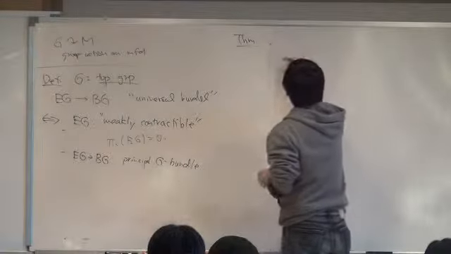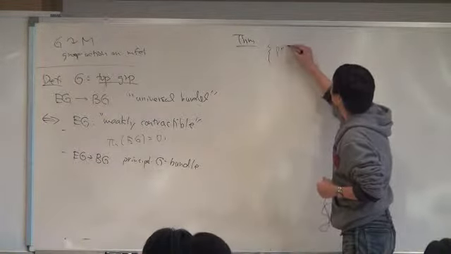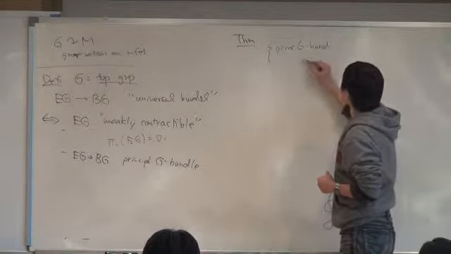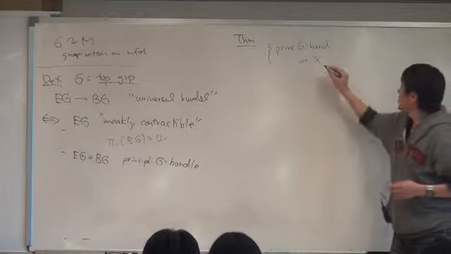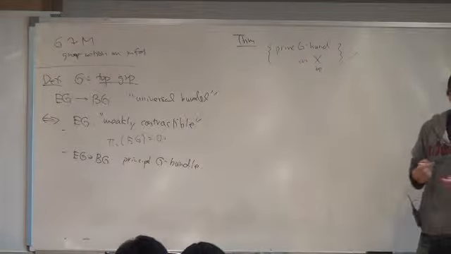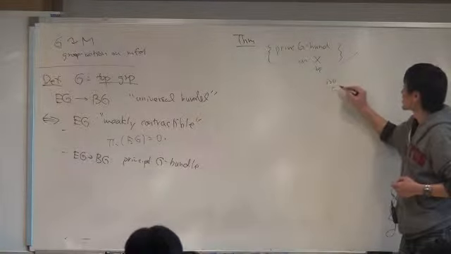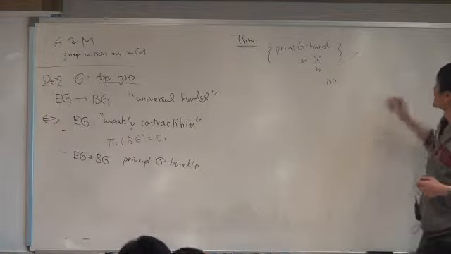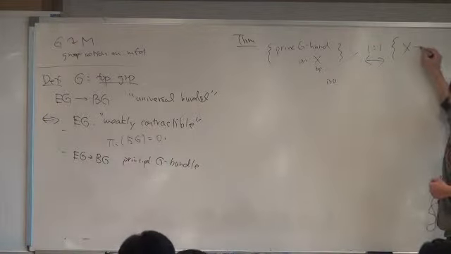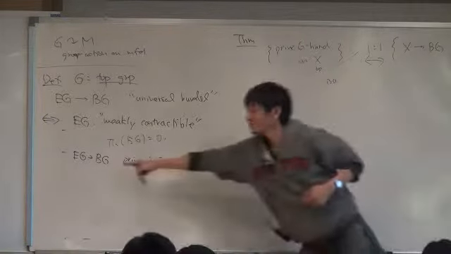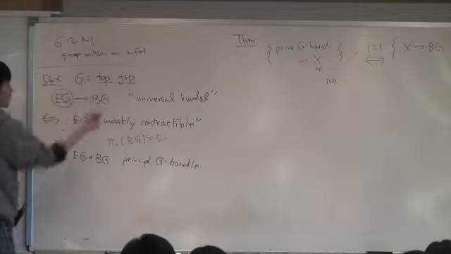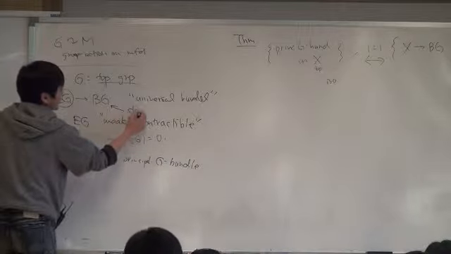When you have principal G-bundles over some topological space X, take isomorphism classes of these principal G-bundles, and there is a one-to-one correspondence with maps into this BG. By the way, this EG is called the universal bundle, and this BG is the classifying space.